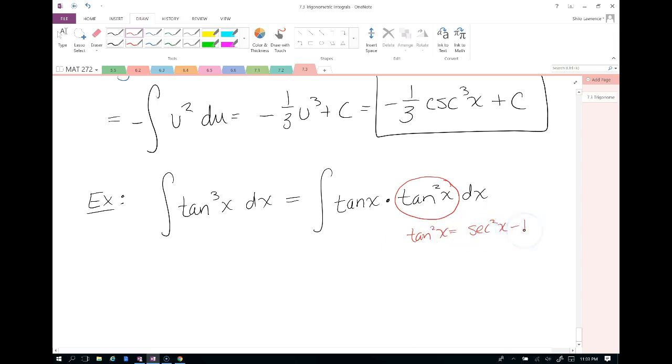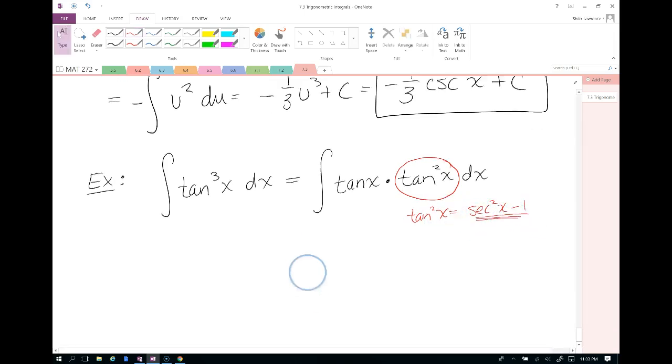If you look back at the Pythagorean identities that we listed out, we want to solve the tangent secant identity for tangent. In order to do that, we'll have to subtract the 1 over to the right-hand side. So that means I can replace tan squared with secant squared minus 1.